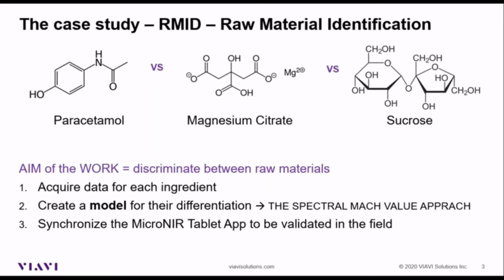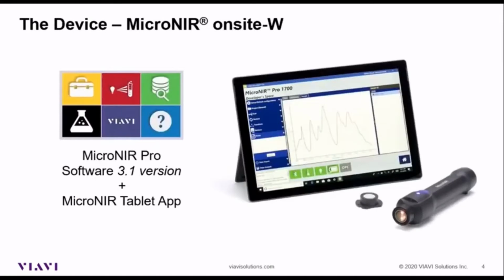We'll create the model for the differentiation of these three ingredients, and then we will synchronize the MicroNIR tablet app, that is dedicated to the MicroNIR OnSite-W, and we will validate the method that we just created directly in the field, as in the warehouse, like Emiliano was explaining to you.